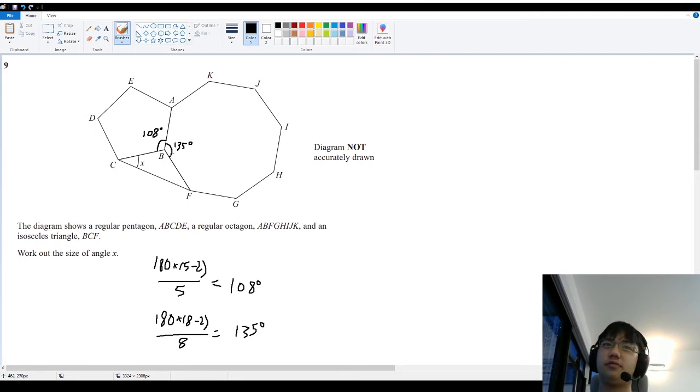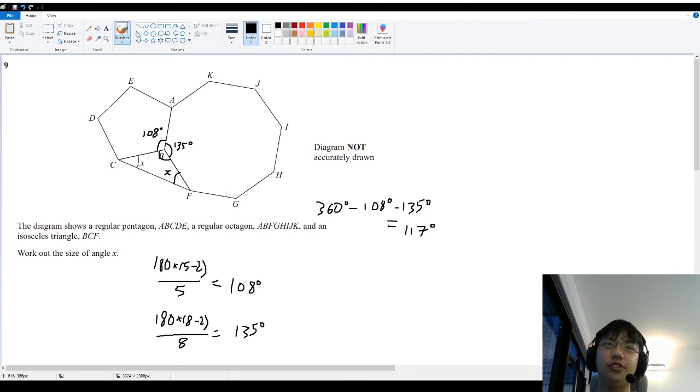Since we have these two angles, we can work out this angle here. So 360 degrees minus 108 degrees minus 135 degrees gives us 117 degrees here. So this is 117 degrees. And since BCF is an isosceles triangle, this angle is also x degrees.